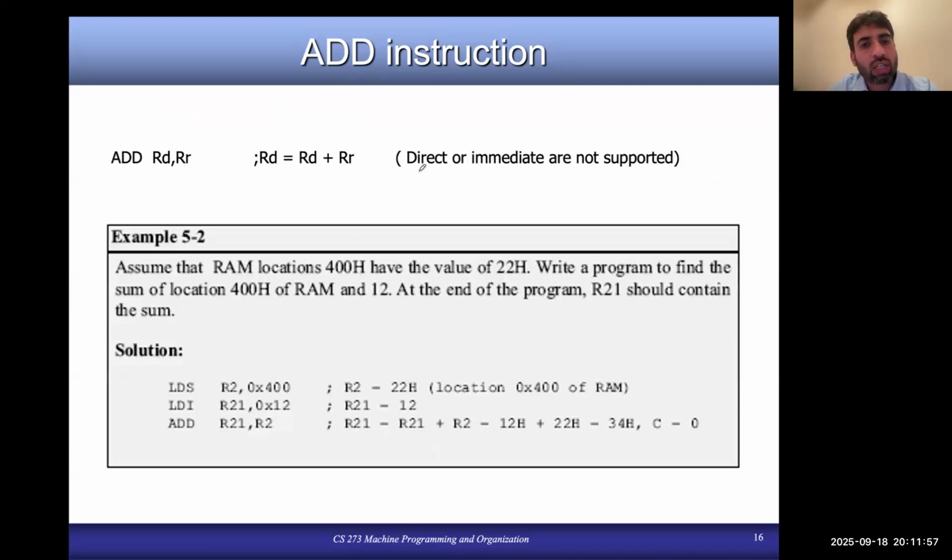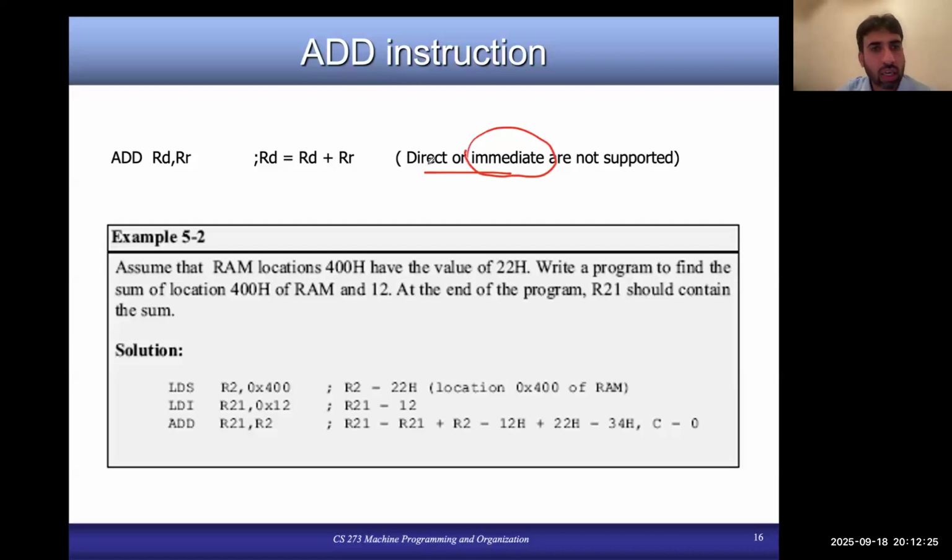The main focus of this slide is just to convey this information: the add instruction cannot use an immediate or direct number. Which basically means that you cannot say add RD, the register, with 25, so you cannot give an immediate operand.